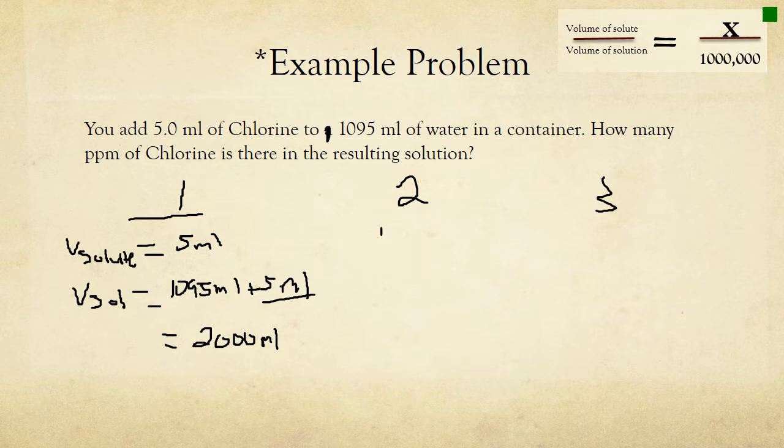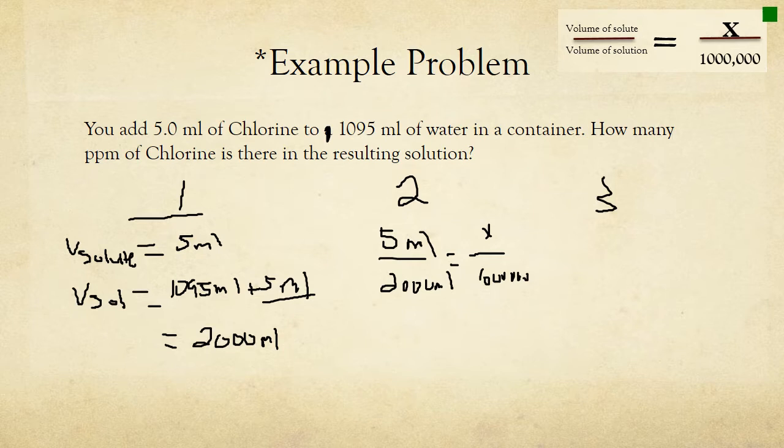My volume of the solute is 5 milliliters. I'm going to divide that by my solution volume, 2,000 milliliters, and make that equal to x, our unknown, divided by 1,000,000, which is 6 zeros.